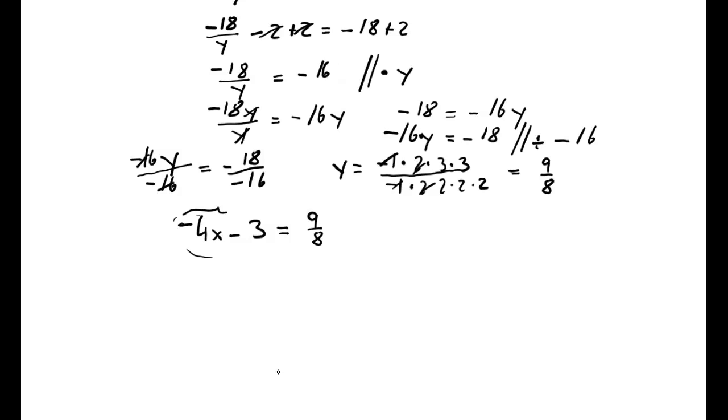This was our y term that we substituted right at the beginning. How can we do that? Again, we use the inverse mathematical operation of this negative 3. So we do plus 3, and we've got negative 4x minus 3 plus 3 equals 9/8 plus 3. And the 3 cancels out.